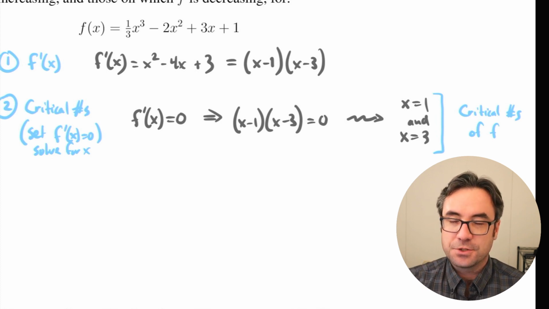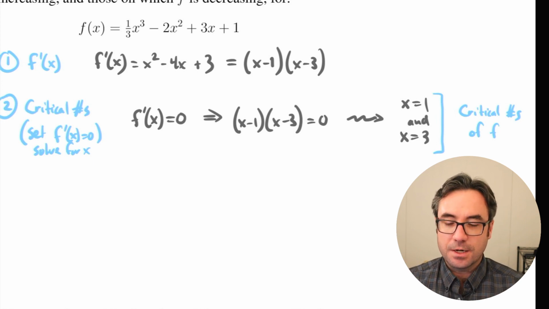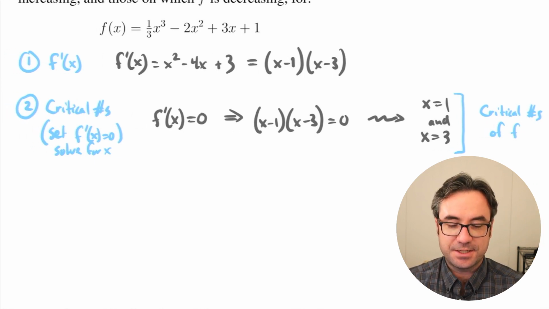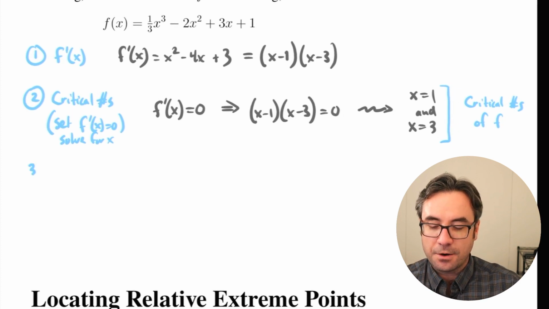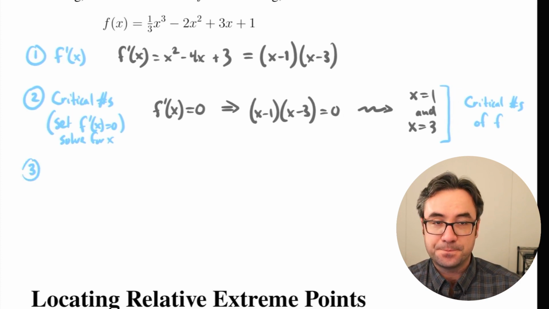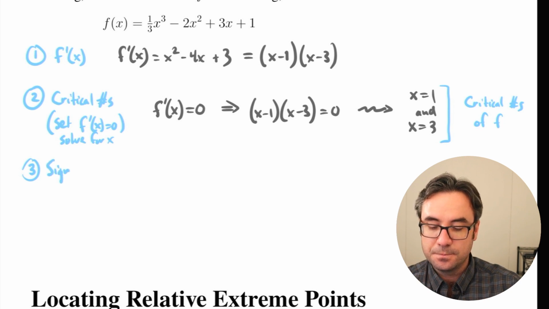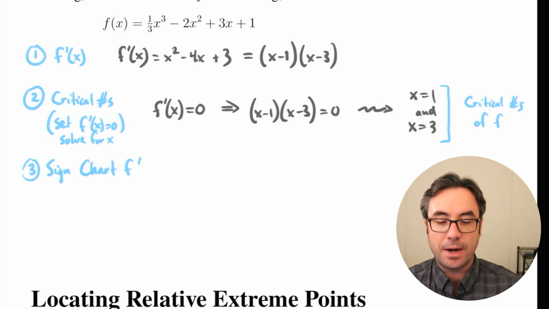All right. So now we're going to use those for our sign chart. That's the next part of this. We're going to do a sign chart for our first derivative, so a sign chart for f prime.